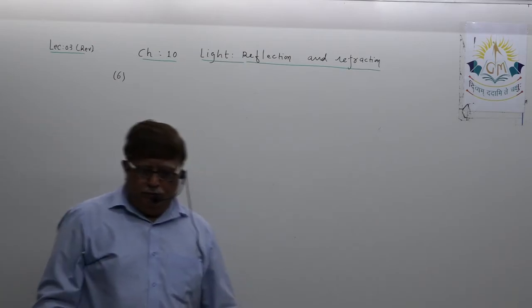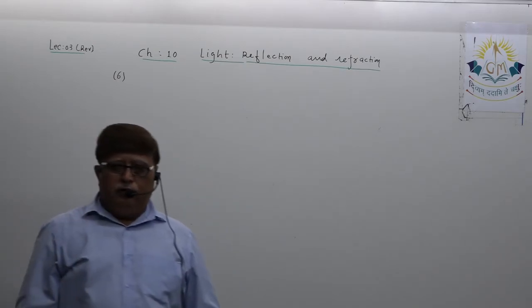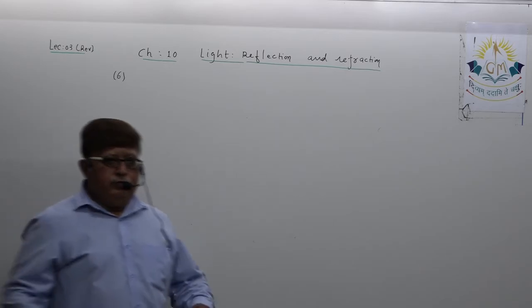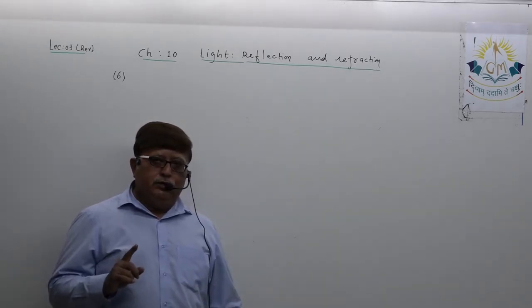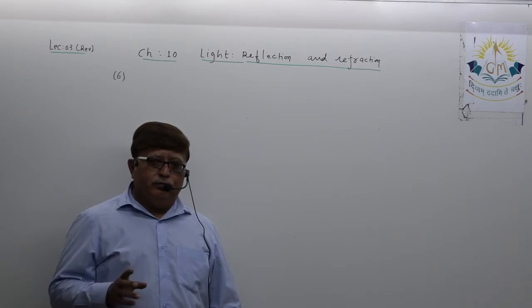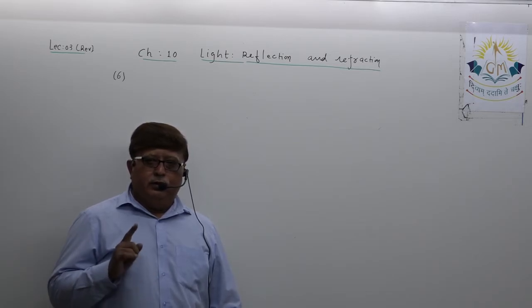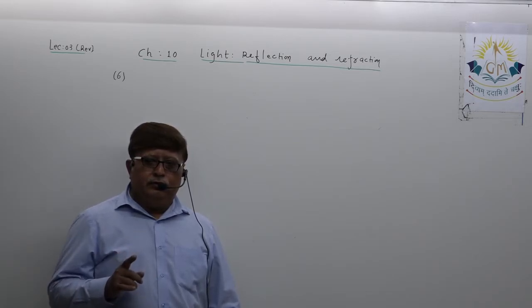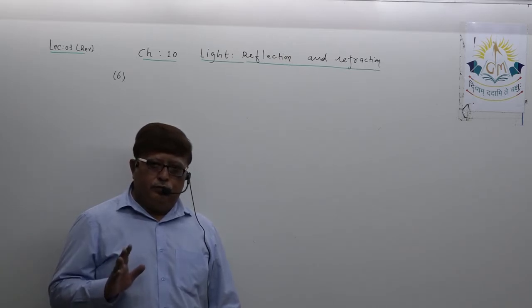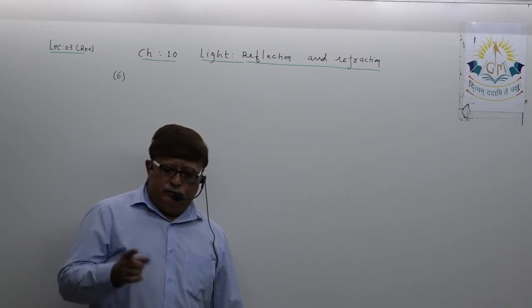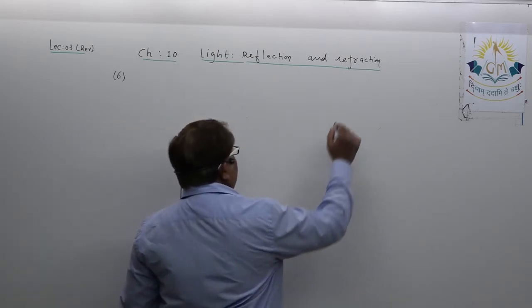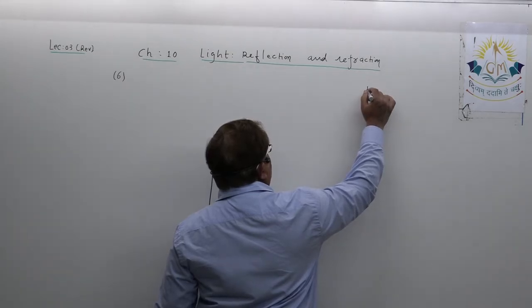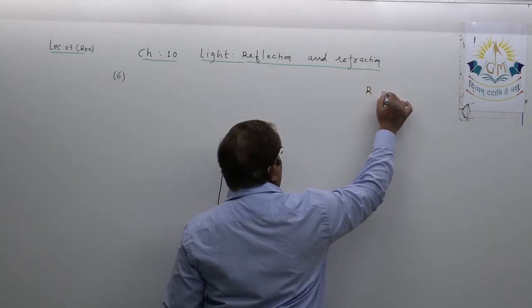Now dear student, here comes the check of your basics. Convex mirror, that means one thing is final. Focal length is always positive. That you should understand. Here radius of curvature r has been given.